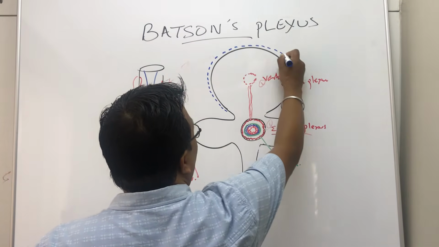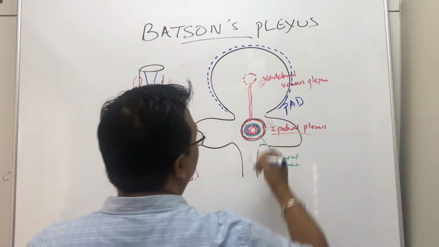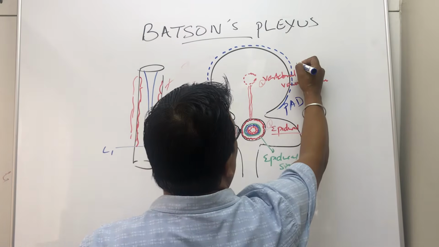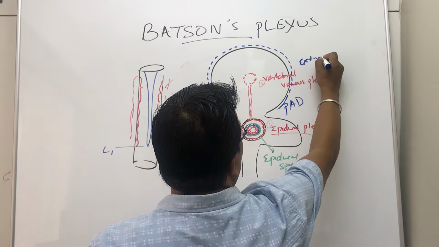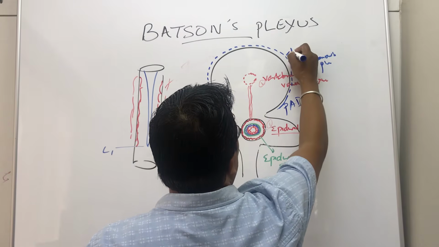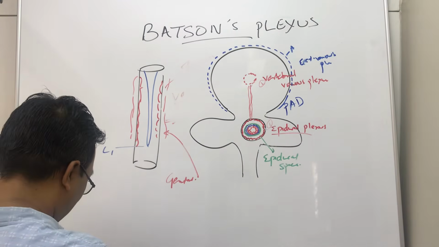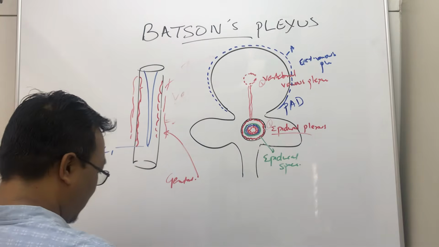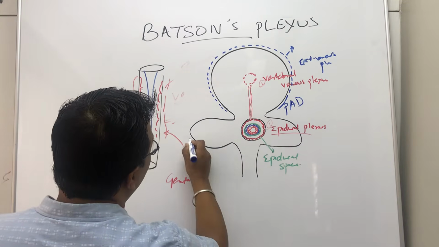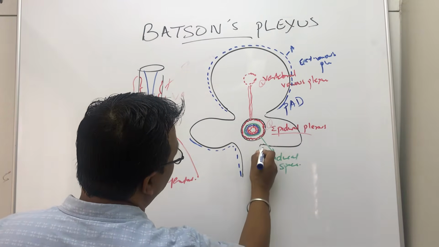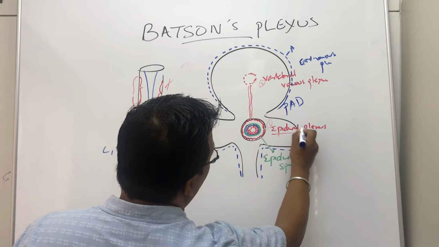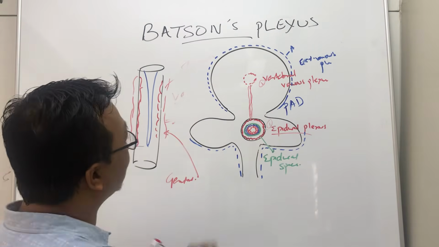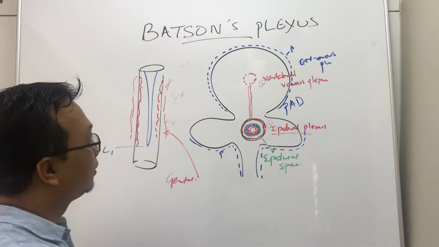This is the anterior venous plexus of the external venous plexus, and there is one more here. This is the posterior venous plexus. So the external venous plexus is again anterior and posterior.